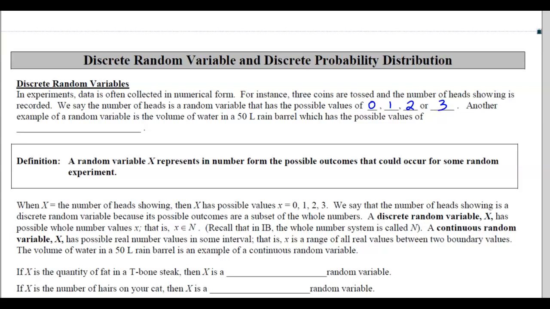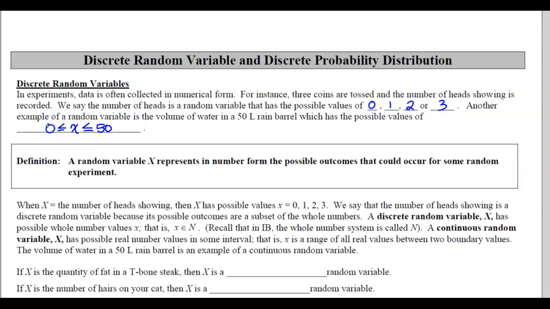Okay, so another example of a random variable is the volume of water in a 50-liter rain barrel. The values are anywhere between 0 and 50 liters. So if we call it x, then x is less than or equal to 50, greater than or equal to 0.